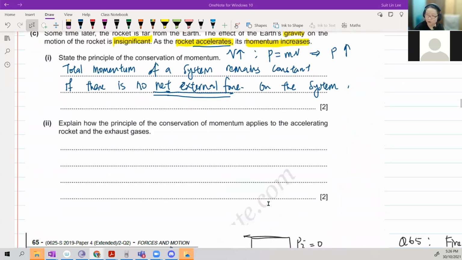So we are going to compare the momentums before the explosion and after the explosion. So I will first point out that the initial momentum, or rather, the accelerating rocket and the exhaust gas. Because they asked us to start from here, I'll start here. As the rocket accelerates, the momentum increases. So I will say the rocket gains upward momentum.